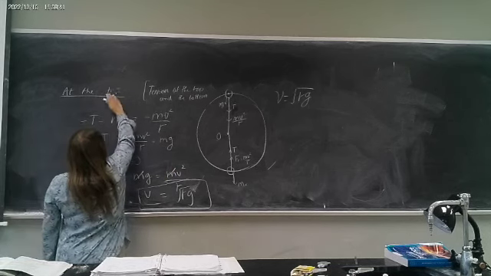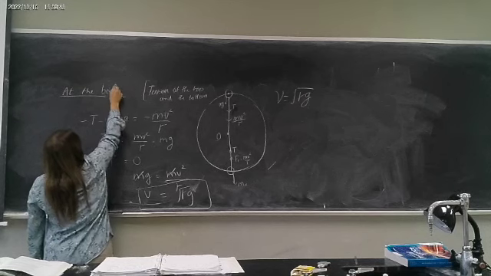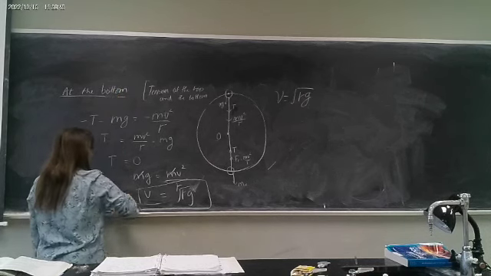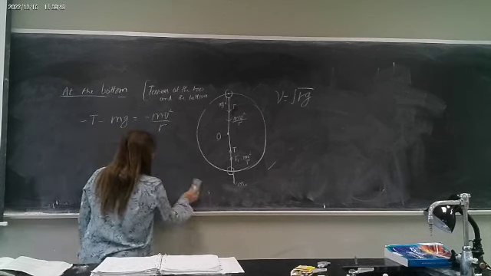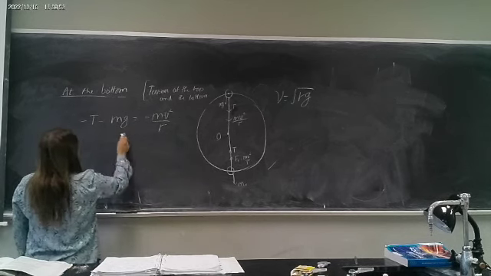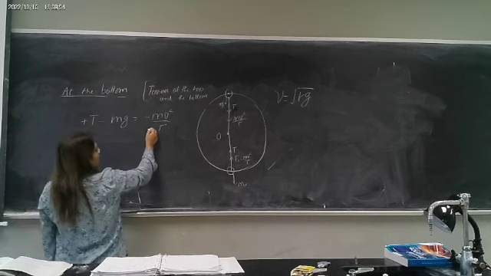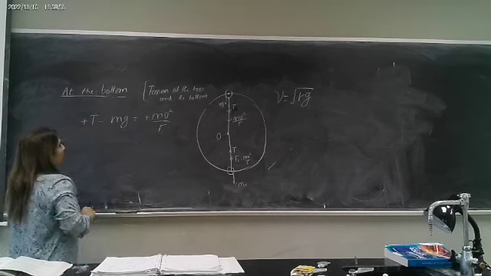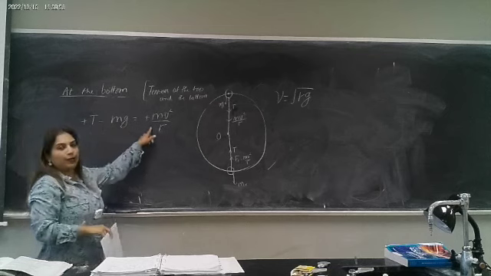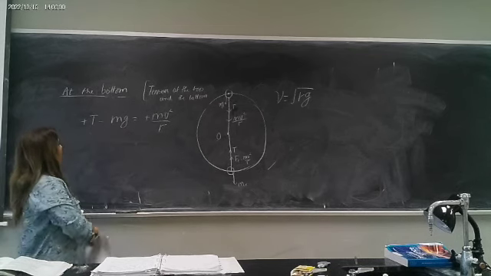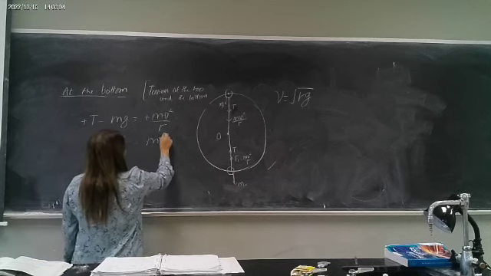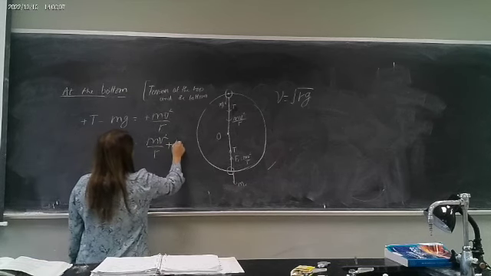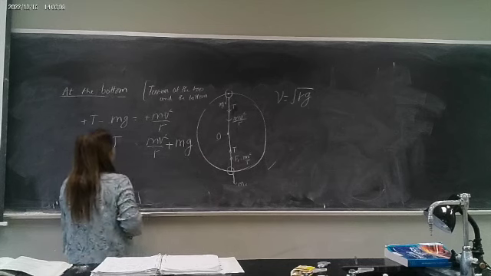At the bottom position, we can write the same equation, however, the signs will change. This becomes positive, this becomes positive too, because they both are acting upward. T is upward, mv square over r is upward, mg is downward. So here we get the equation for T: mv square over r plus mg.